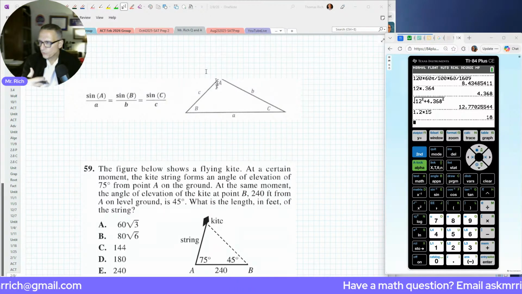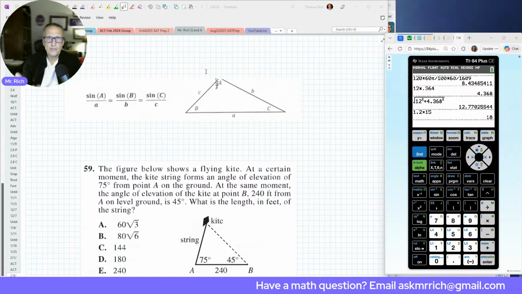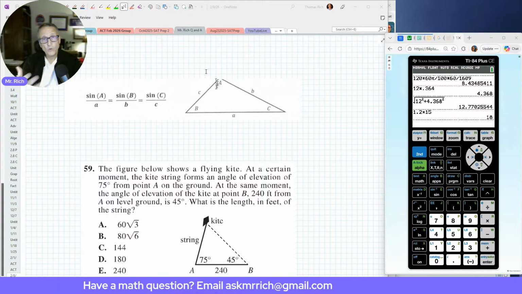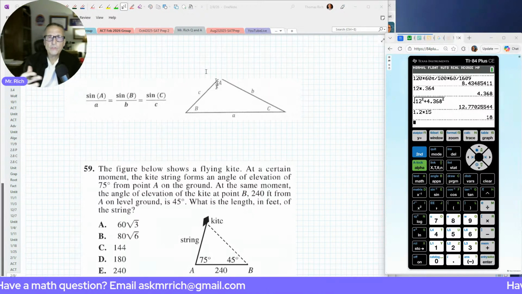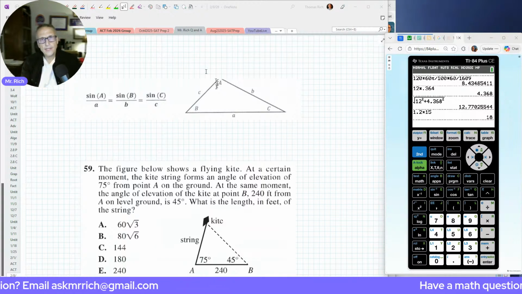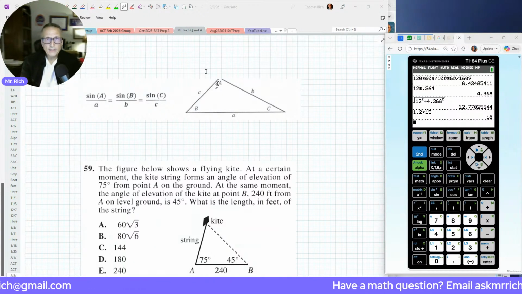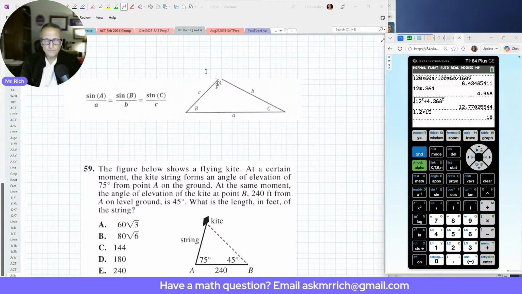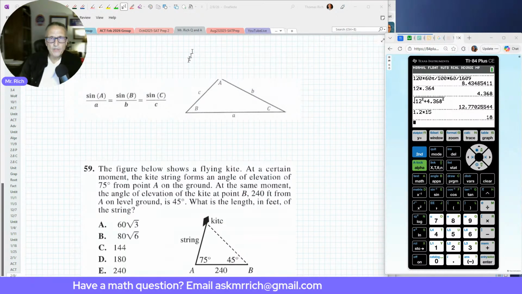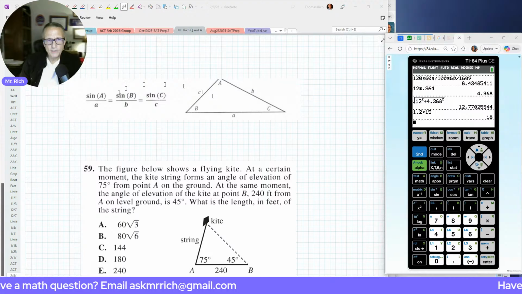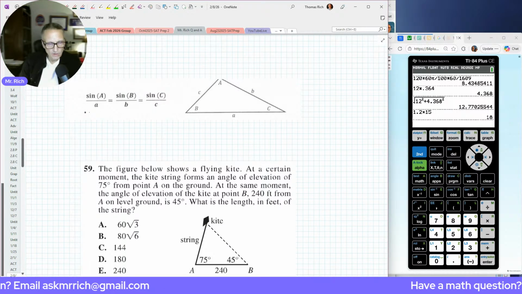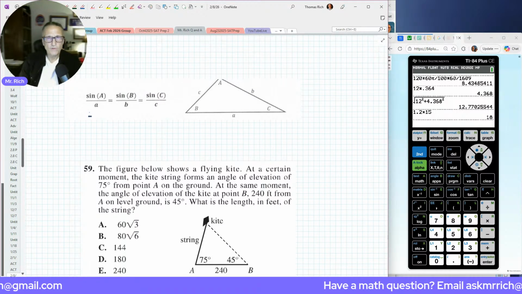Oblique triangles are triangles that do not have a 90-degree angle in them. And really, SOHCAHTOA, all of those ratios for sine, cosine, and tangent, they only apply to right triangles, not triangles that are missing a 90-degree angle. But there is a way to use trigonometry to solve these oblique triangles, and they are called the law of sines and the law of cosines.